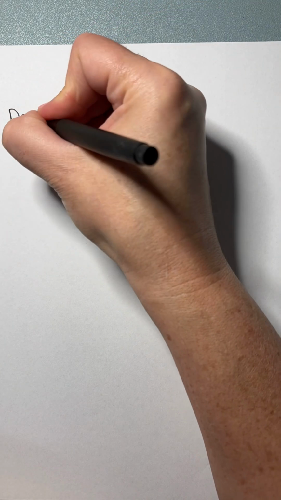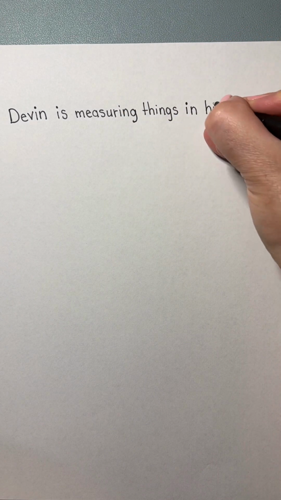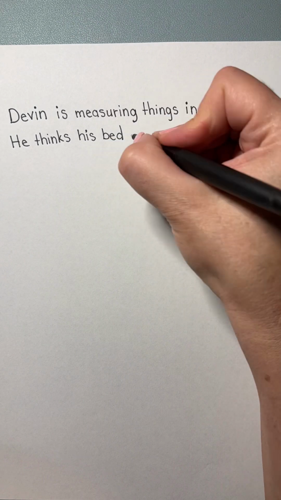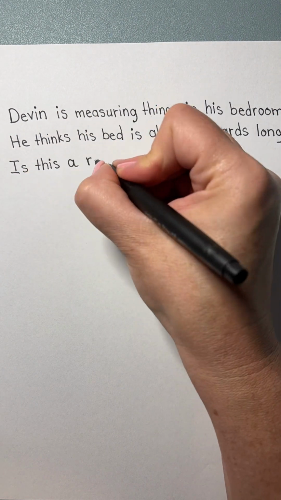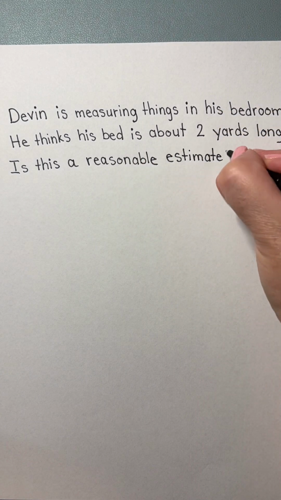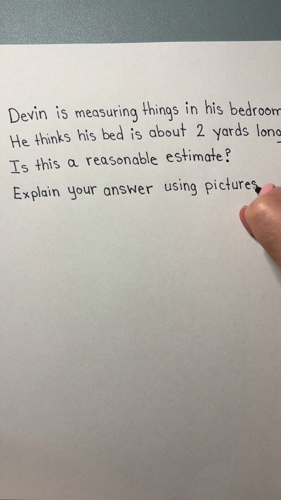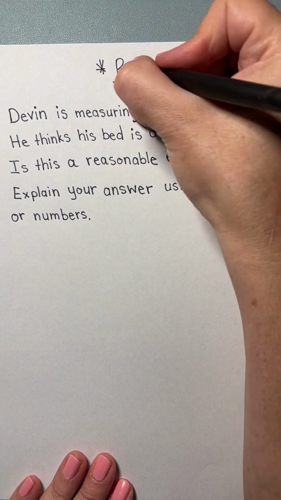This story problem's about Devin. Devin is measuring things in his bedroom, and he thinks his bed is about 2 yards long. Is this a reasonable estimate? Explain your answer using pictures or numbers. Remember to use the RDW process. And then think about, what do you already know?